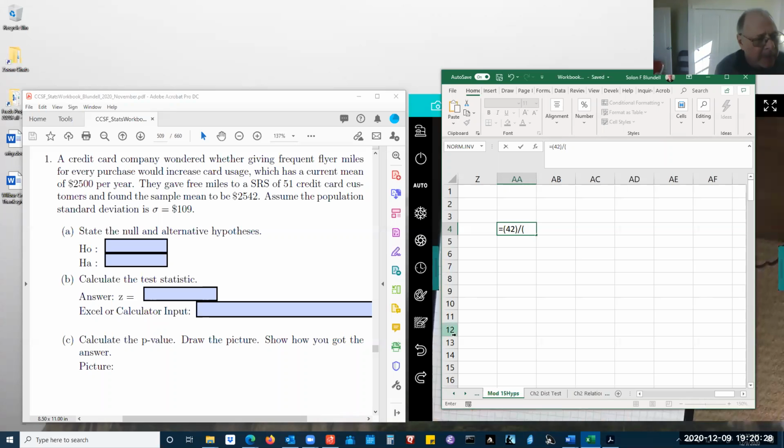That was a different problem. So it's $109 over square root of 51. And so I get 2.75 STDs, roughly. Okay.